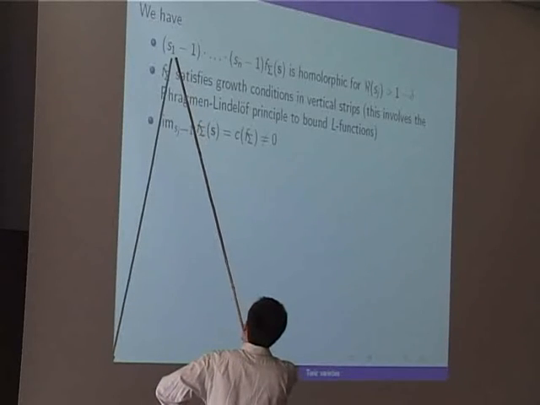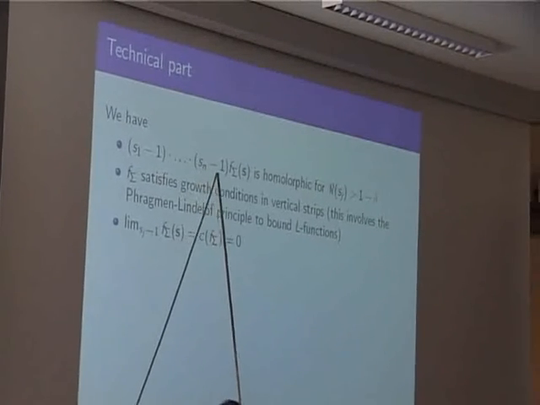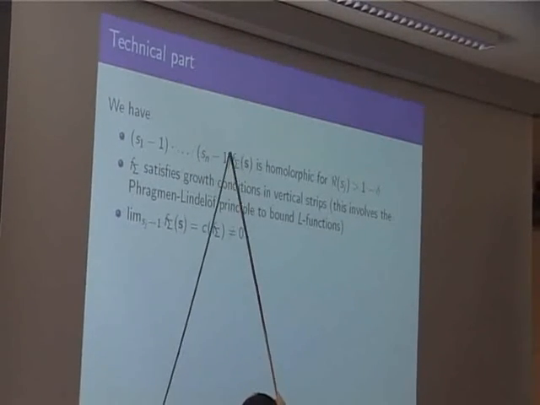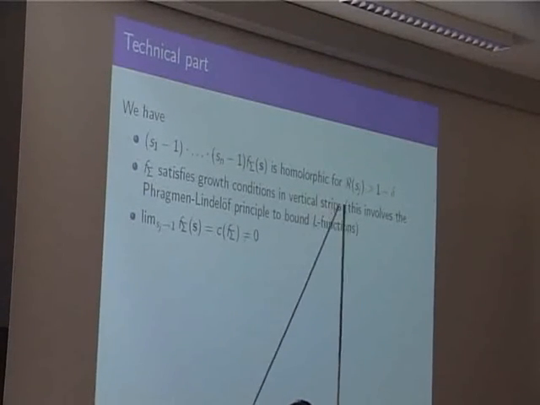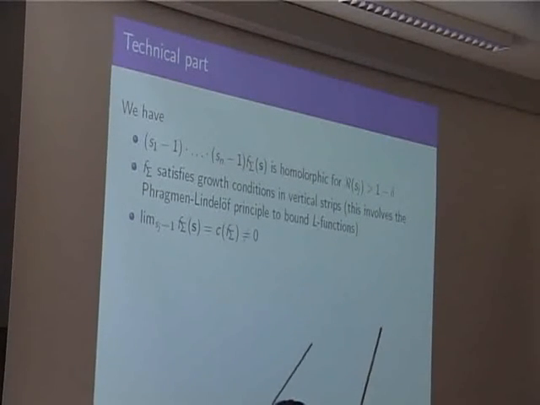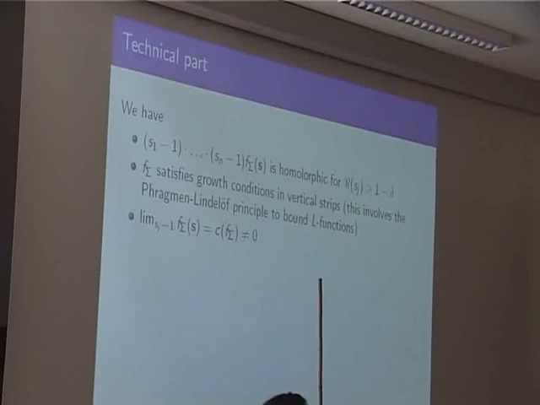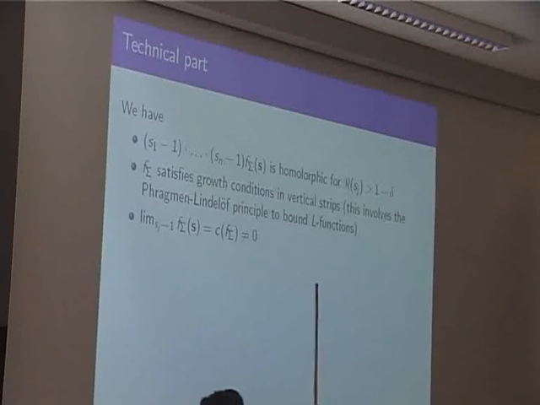So what do we know? We know that if you take this product, s1 minus 1 and then s2 minus 1, depending on the number field, to the minus 1 of this sum over all the other characters and the big characters, it is in fact holomorphic in 1 minus delta. That is, the polar part really comes from the zeta function at s equals 1. And if you take the pole out, then the thing is holomorphic.